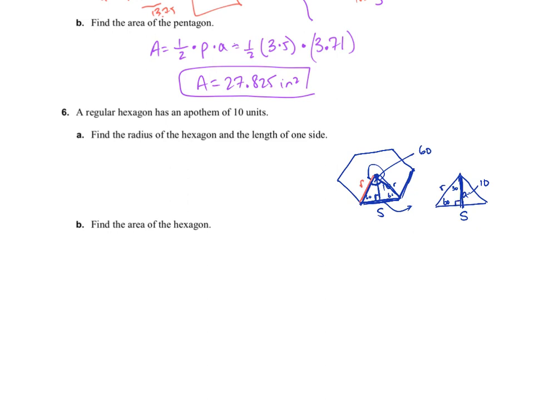So if this is 10, then this piece right here will be 10 divided by the square root of 3. So the whole side length will be 2 times that, so that'll be 20 over the square root of 3.